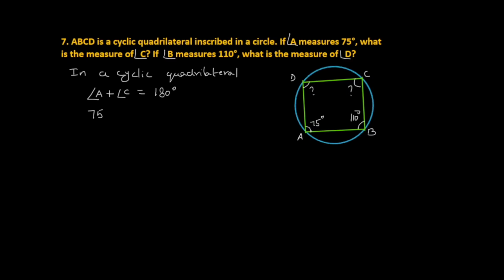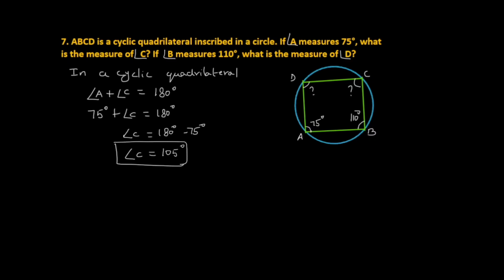Angle A here is given as 75 degrees. So angle C is equal to 180 minus 75 degrees, so angle C is equal to 105 degrees.